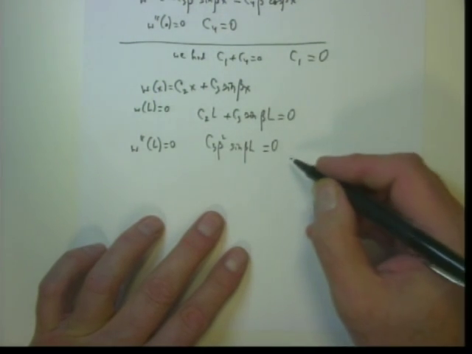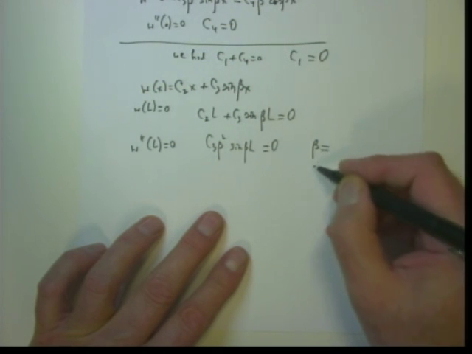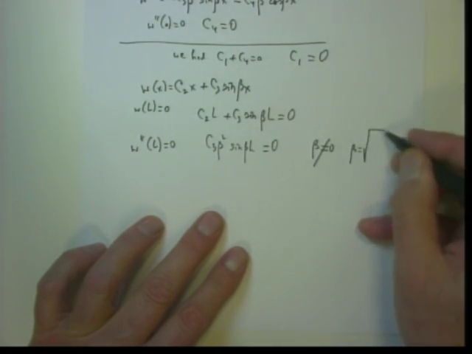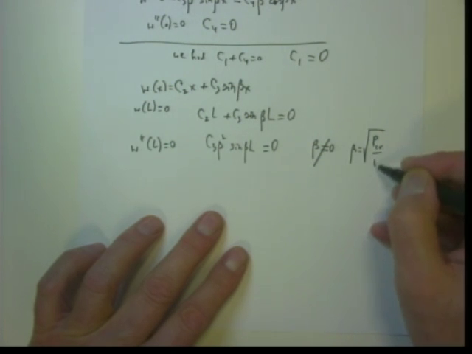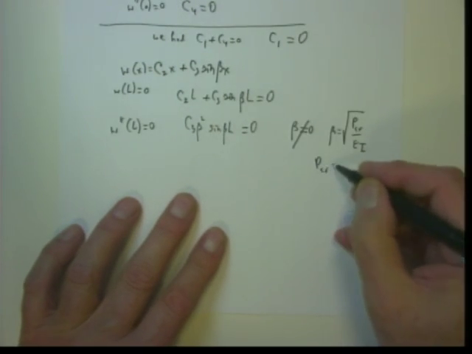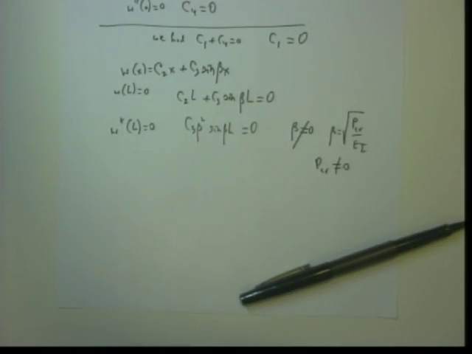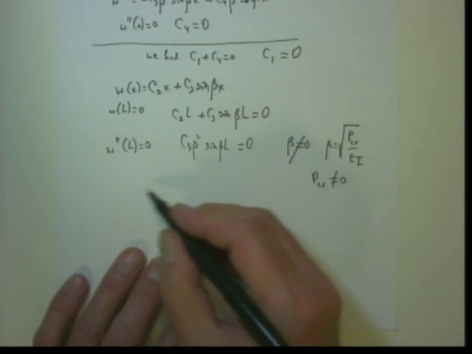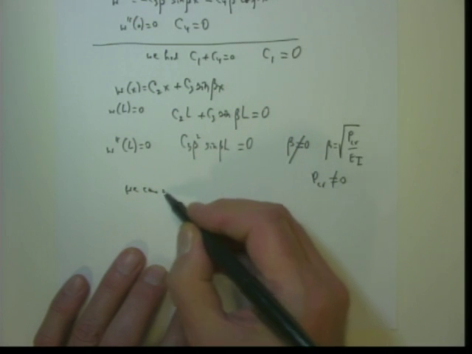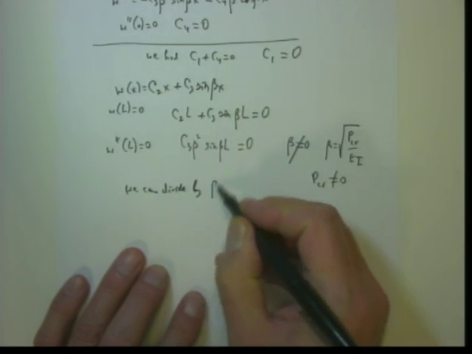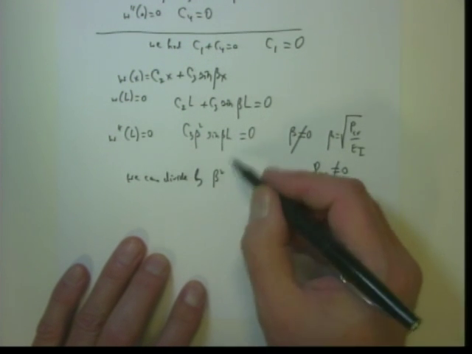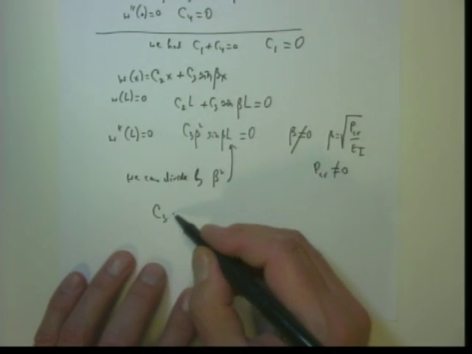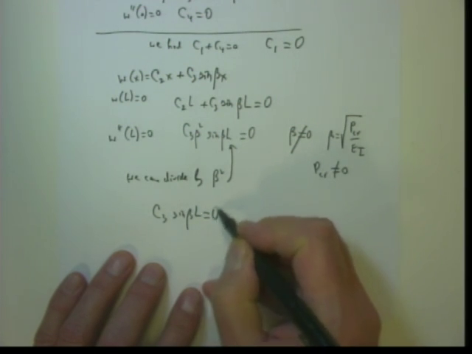Now let us consider beta. Beta, of course, is not 0, because beta equals square root of P critical over EI. We said that P critical is not 0. Remember, we started from zero and increased, and increased, and increased. So P critical is not 0, so beta is not 0. So we can divide the last equation by beta squared, and I will get C3 sine beta L equals 0.